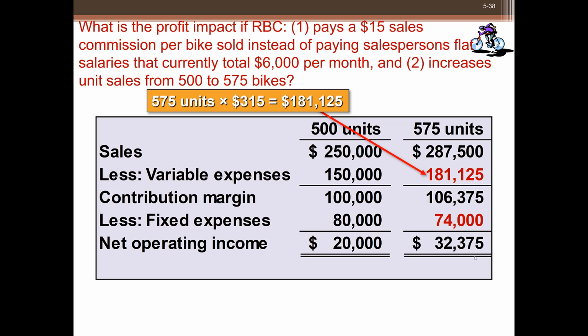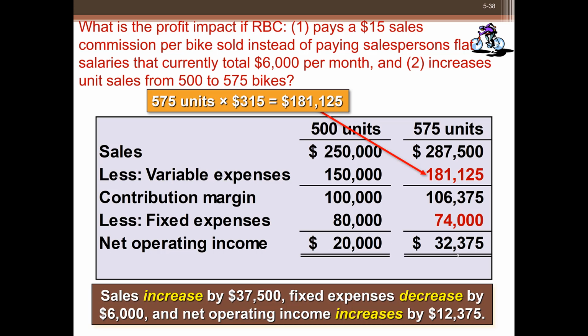Operating income increased 32,375. So here, total sales increased by 37,500. Fixed expenses decreased by 6,000, but operating income still increases by 12,375.